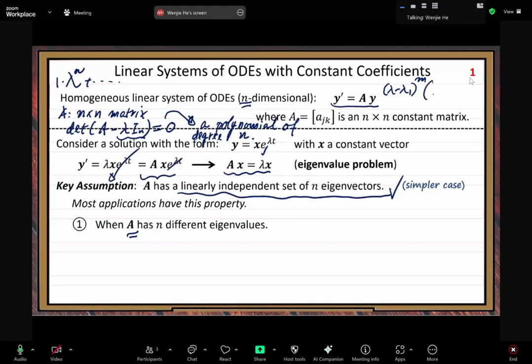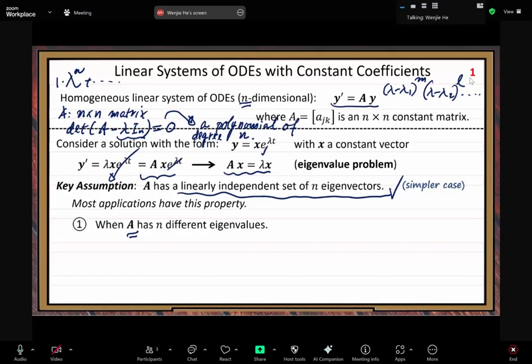Then lambda 2 could be repeated L times, right? And so on. Because each root could be repeated multiple times. For the general case.